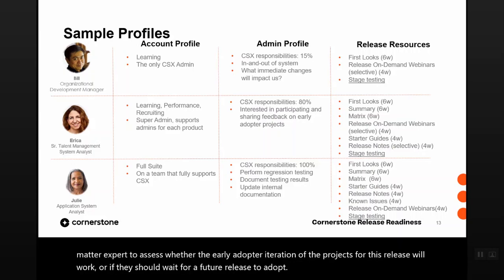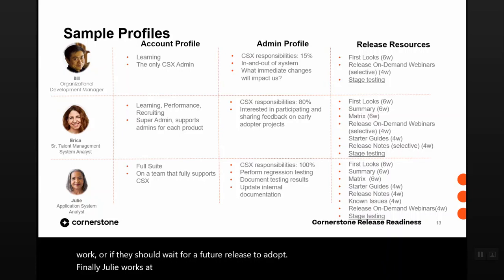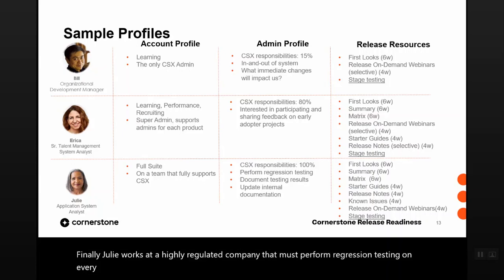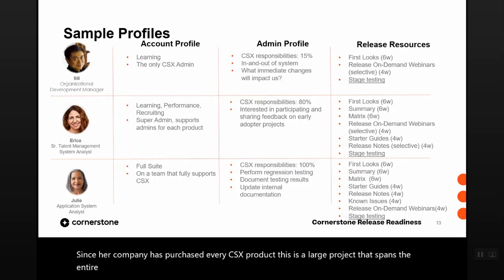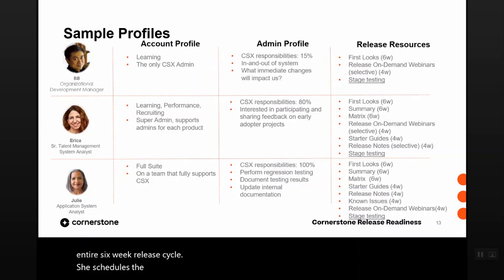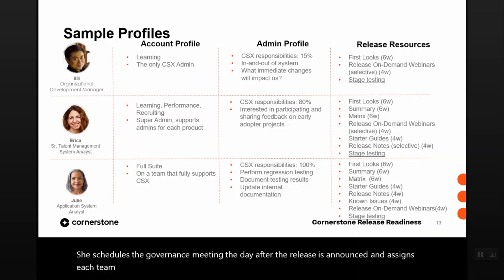Finally, Julie works at a highly regulated company that must perform regression testing on every enhancement. Since her company has purchased every CSX product, this is a large project that spans the entire 6-week release cycle. She schedules a governance meeting the day after the release is announced and assigns each team member the projects they will need to test.